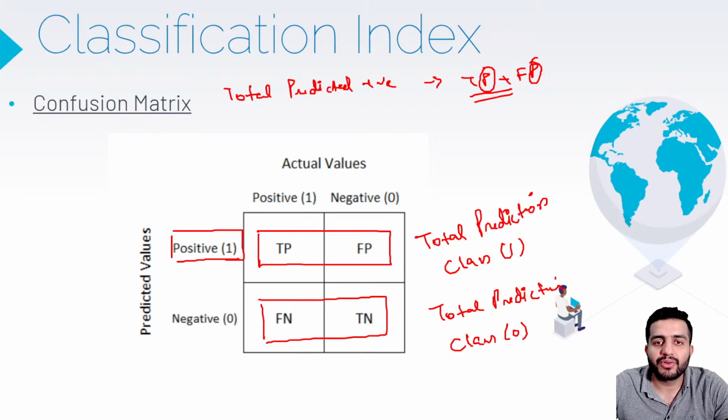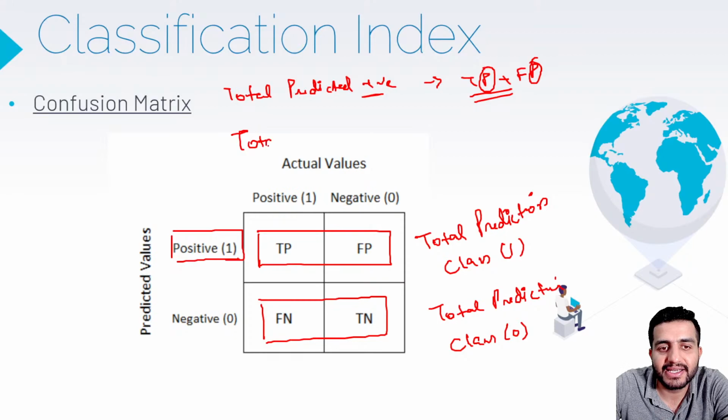So now we were talking about the total predicted positive. All the positives, whether true or false, I'm taking a sum of them. So TP plus FP is my total predicted positive.